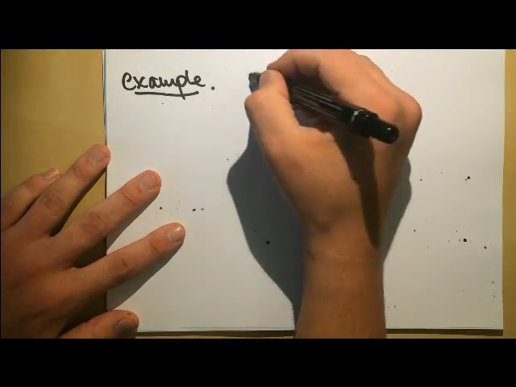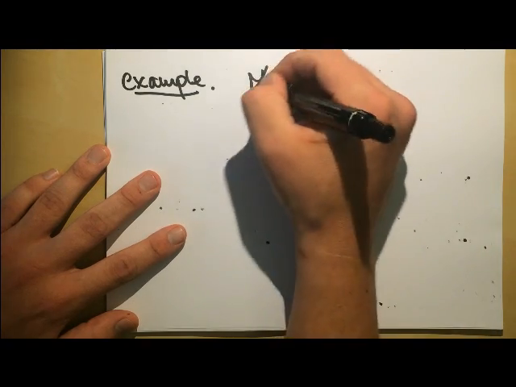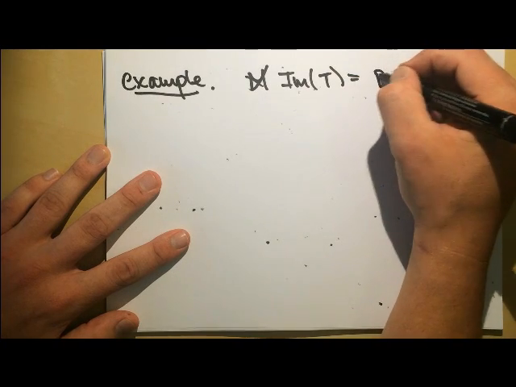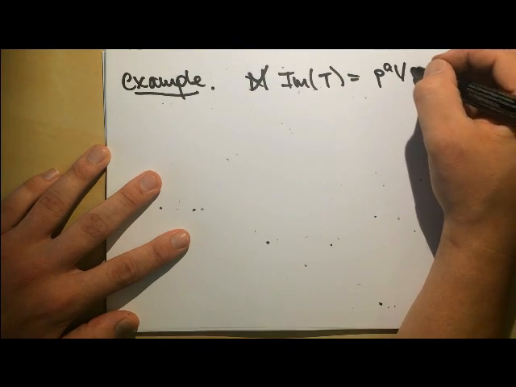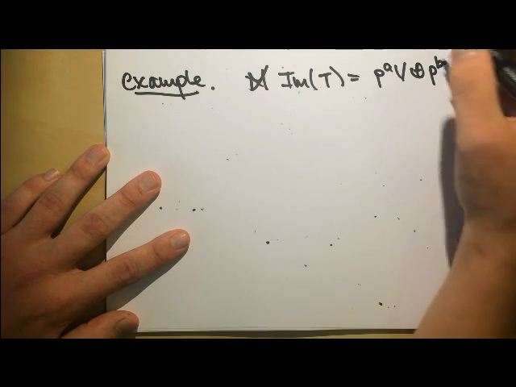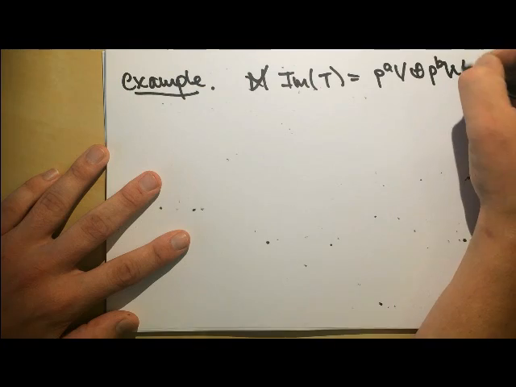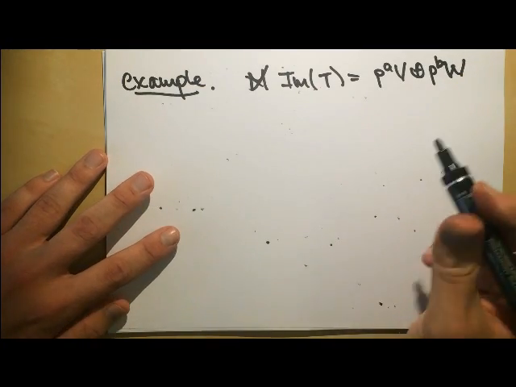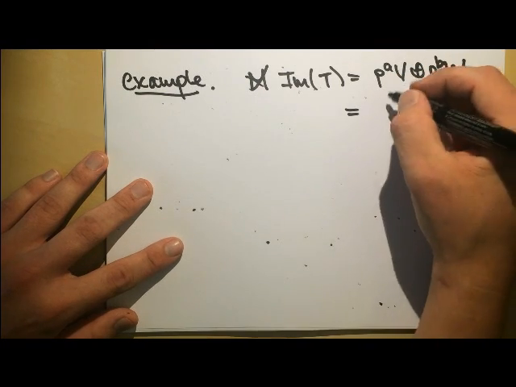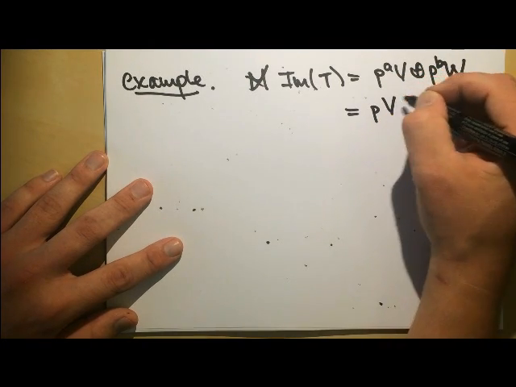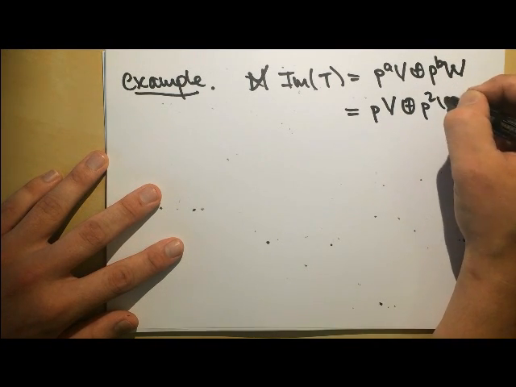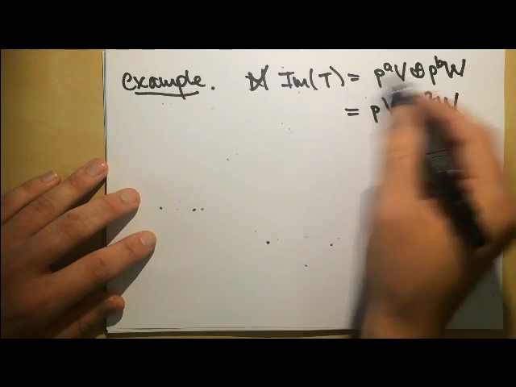Let's suppose that the image of T looks like p to the a with some module, and then p to the b with some module, say W. We could even make it more concrete: a is equal to 1, so this is just pV, and b is equal to 2, so this could be p squared W, like so.